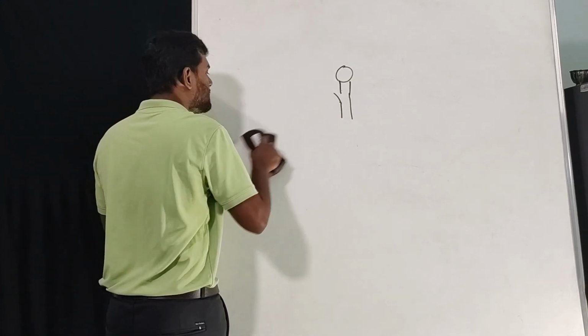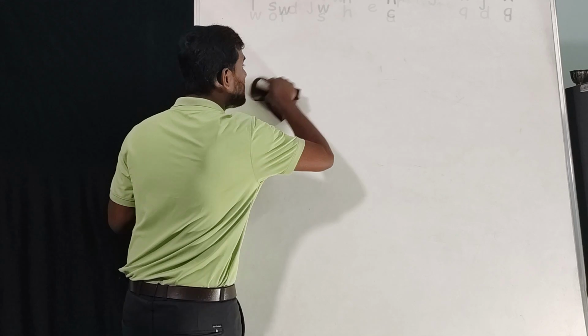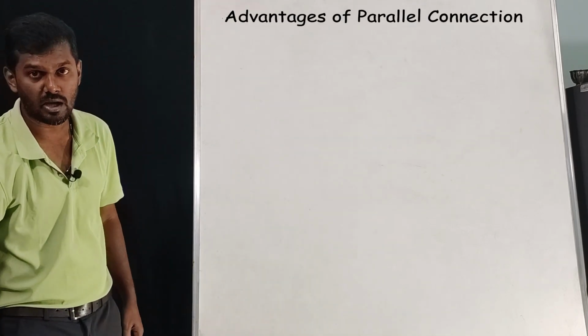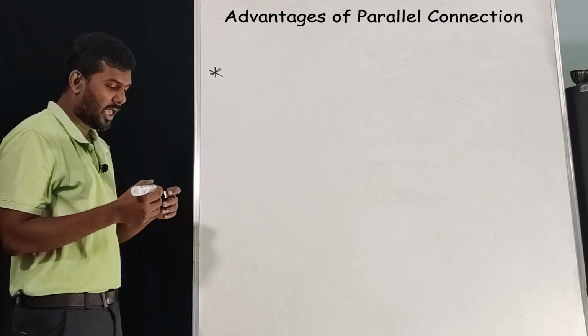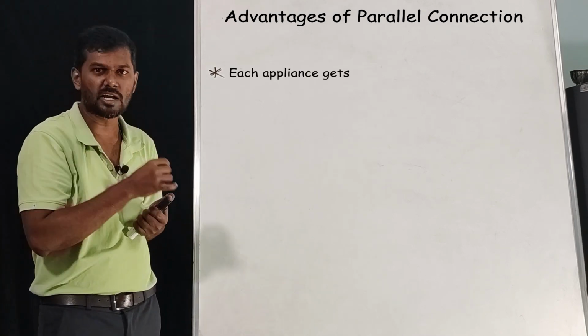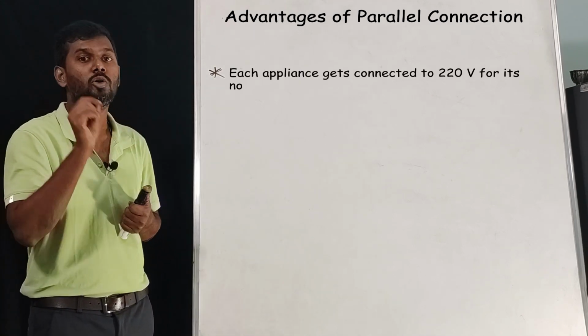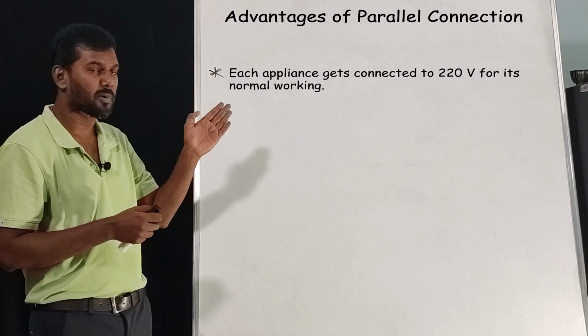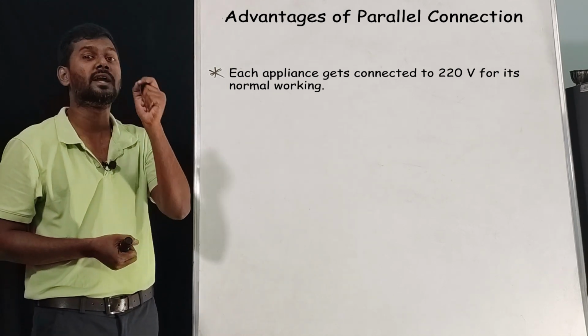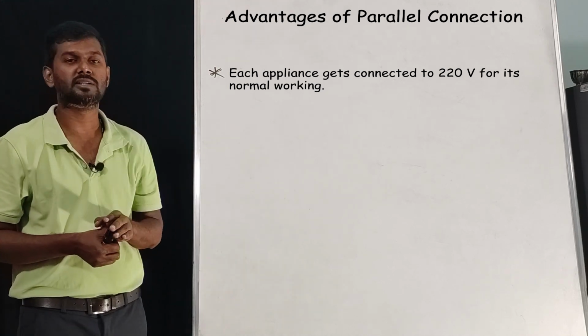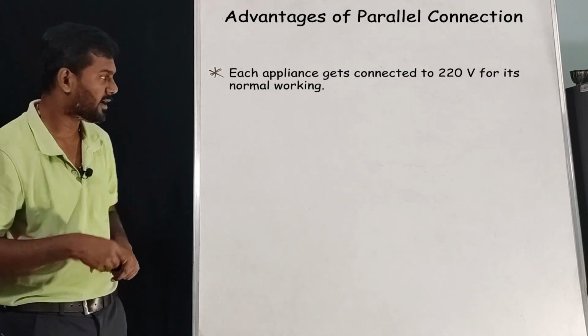Now we need to understand the advantages of parallel connection. Very simple. Each appliance will receive 220 volts from the main. Why? Because it is connected in parallel. In a parallel connection, voltage will not divide.